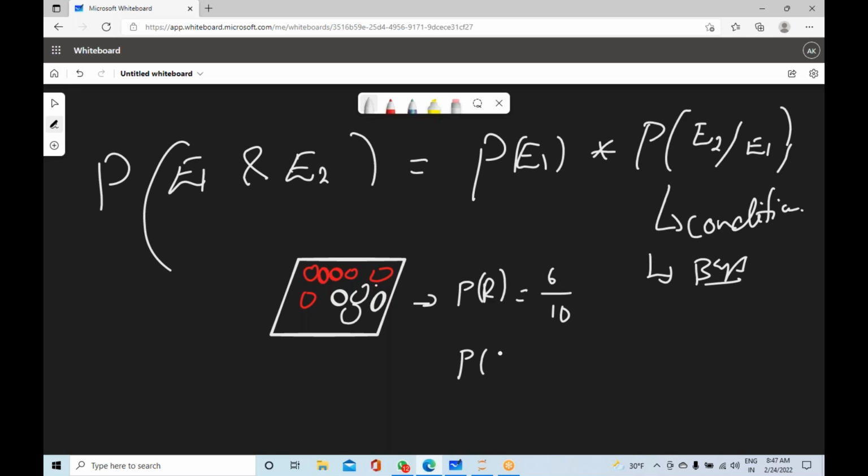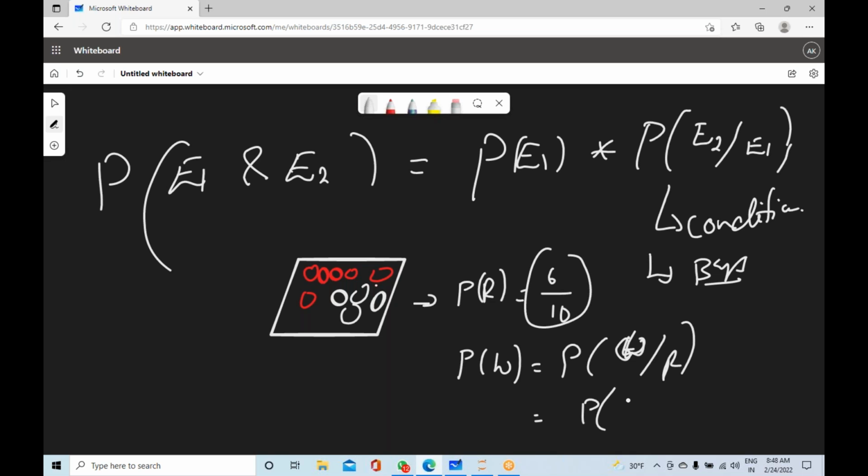That is the probability of white given red. After removing one ball, the number of white balls is still 4, and the total number of balls is 9, so it's 4 by 9.